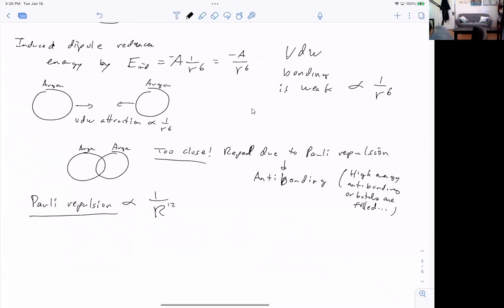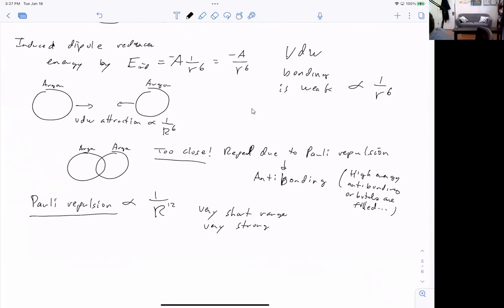The van der Waals attraction is 1 over R to the 6th, and the Pauli repulsion goes as 1 over R to the 12th. So you can see that the repulsion is very short range but very strong, because as R gets big it falls off very quickly, but as R gets small it increases very quickly.